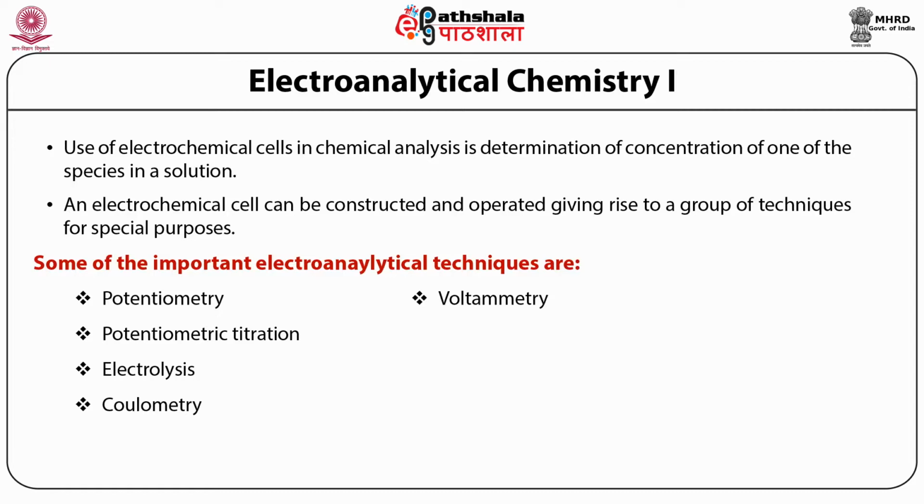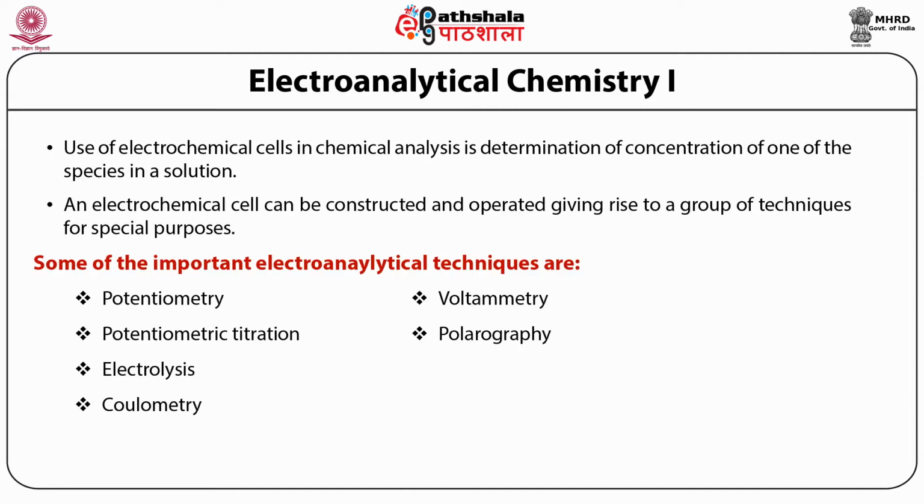A sub branch of voltammetry is polarography, in which, instead of a solid working electrode, we take a dropping mercury electrode. So wherever in voltammetry the term polarography is used, it means that our working electrode or indicator electrode is a dropping mercury electrode.